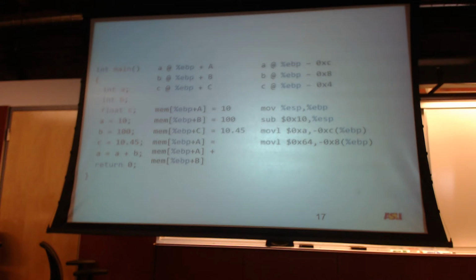You move 0x64 into EBP minus 8. EBP minus 8 means 2 times. You have 0x64 here. Then you put that big number into EAX, so somewhere EAX has that number: 0x41273333.